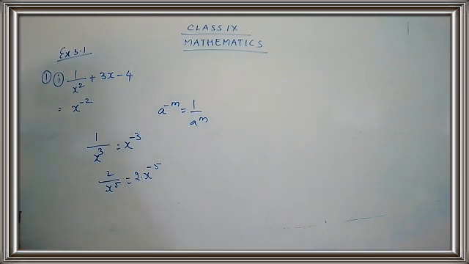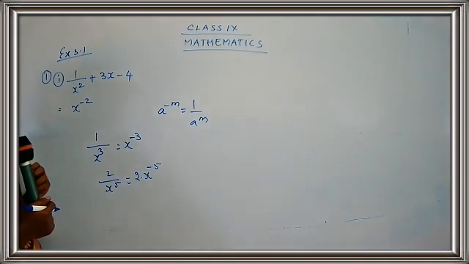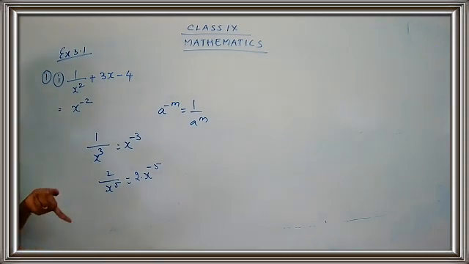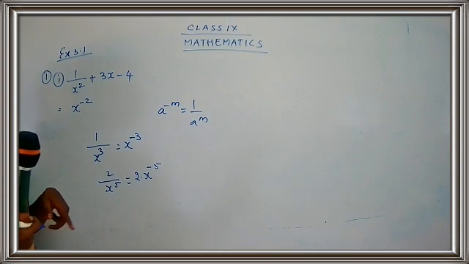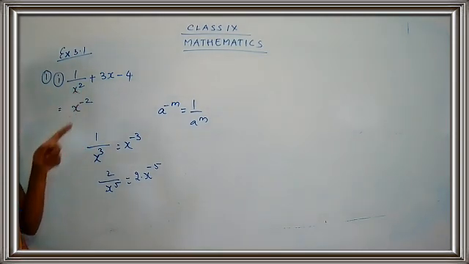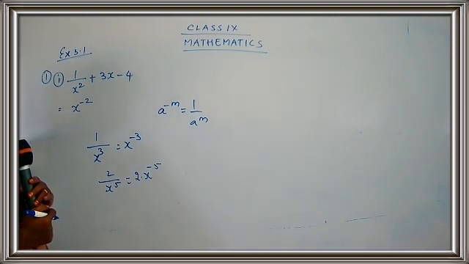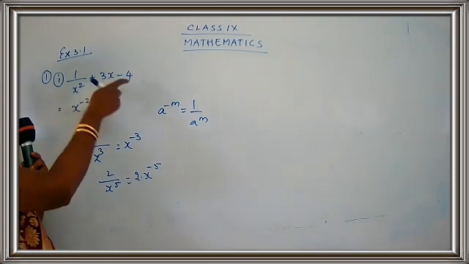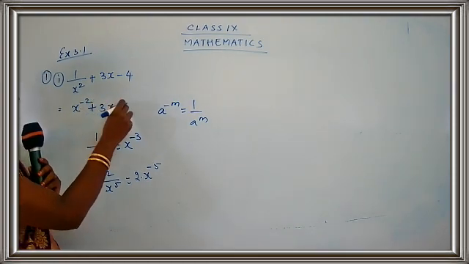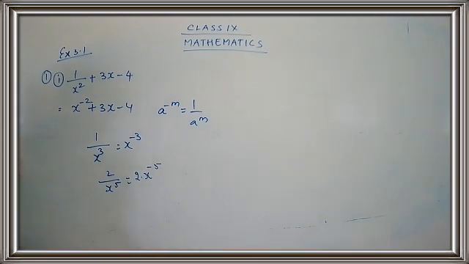Now here you have 1 upon x square, which will be written as x raised to minus 2. Clear, children? Okay, done. Write down the remaining terms as they are. There is no problem, I can copy the remaining terms as they are. I just want you to take down this law here.